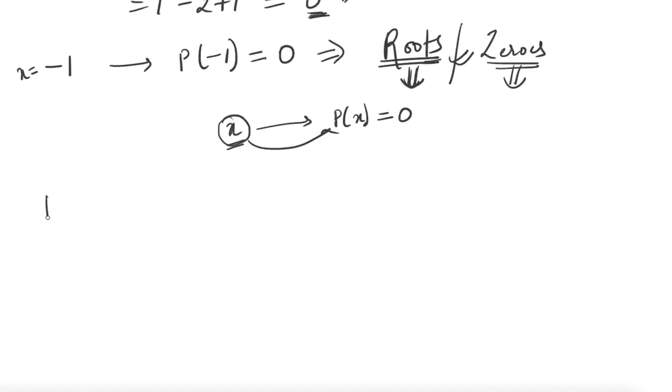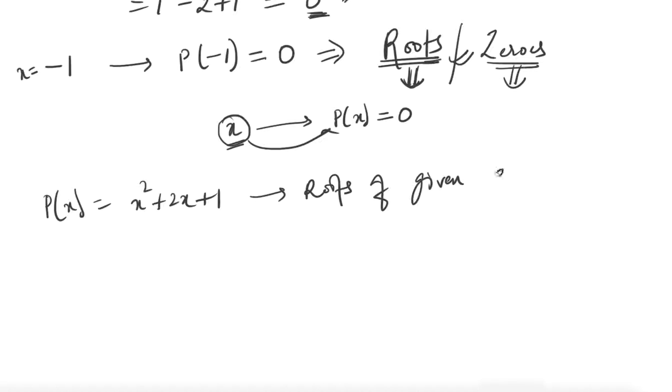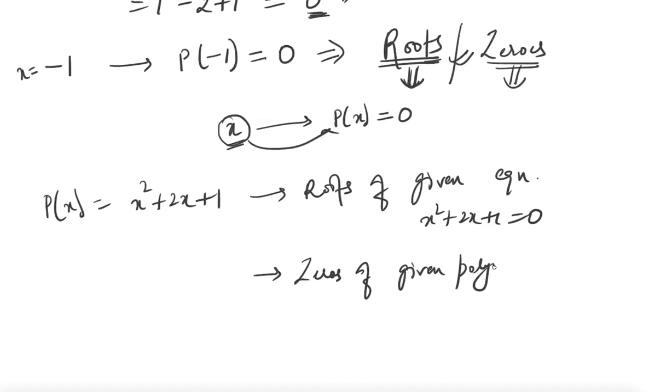Like the above example, if p of x is x square plus 2x plus 1, and the question is find the roots of given equation x square plus 2x plus 1 equal to 0, the same question can also be repeated as find the zeros of the given polynomial. Both are basically the same thing, don't get confused with this. And you know what is the meaning of roots?